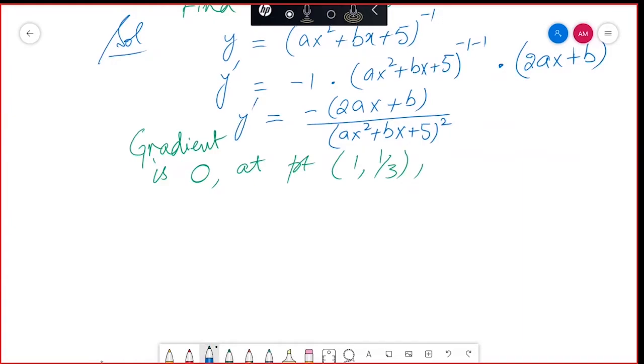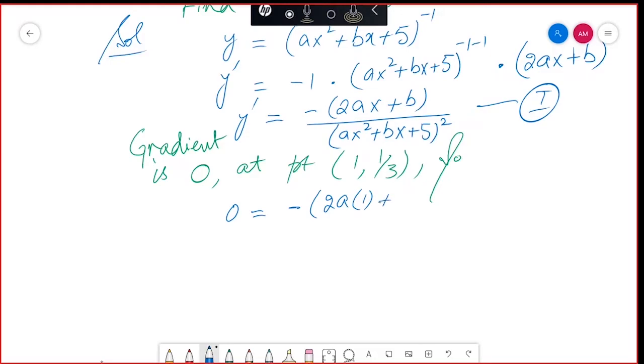I give this equation 1, just the gradient. So 0 is equal to minus, and what is x here? So we put that in: minus 2a times 1.